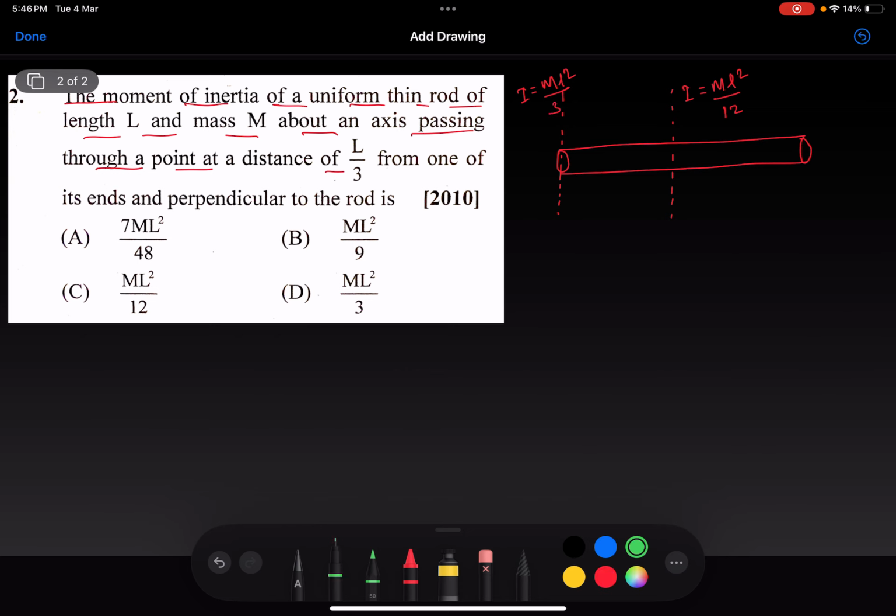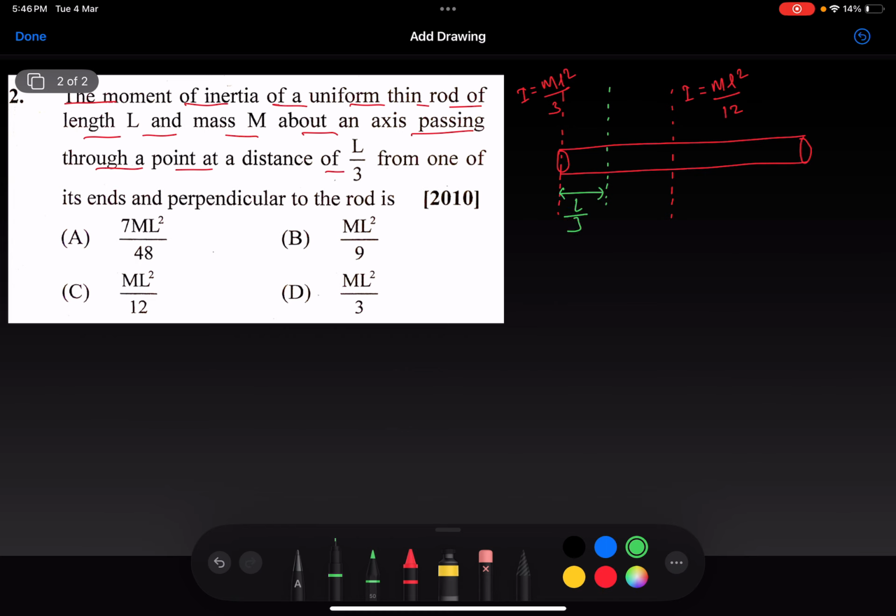Now in the question we are asked that the axis is passing through a distance of L by 3 from one of its ends, meaning if I am considering this axis, then this distance is L by 3.